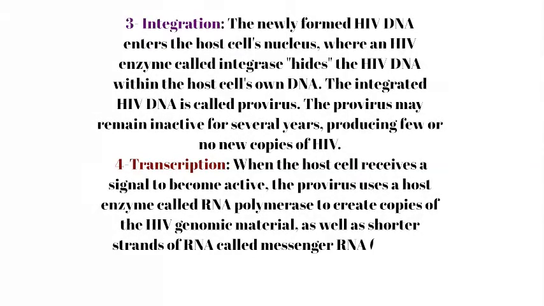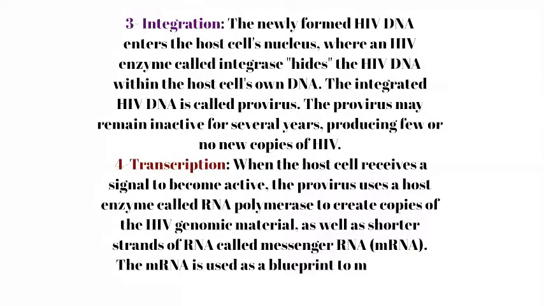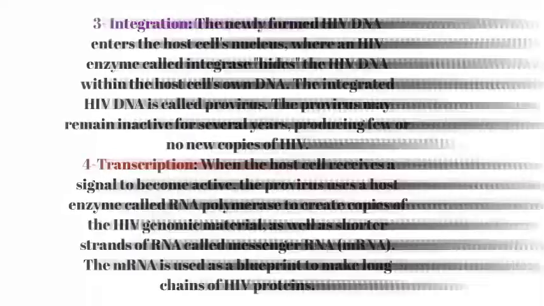It is going to create copies of HIV genomic material, as well as shorter strands of RNA, which we call messenger RNA. This messenger RNA is going to be used as a blueprint to make long chains of HIV proteins.